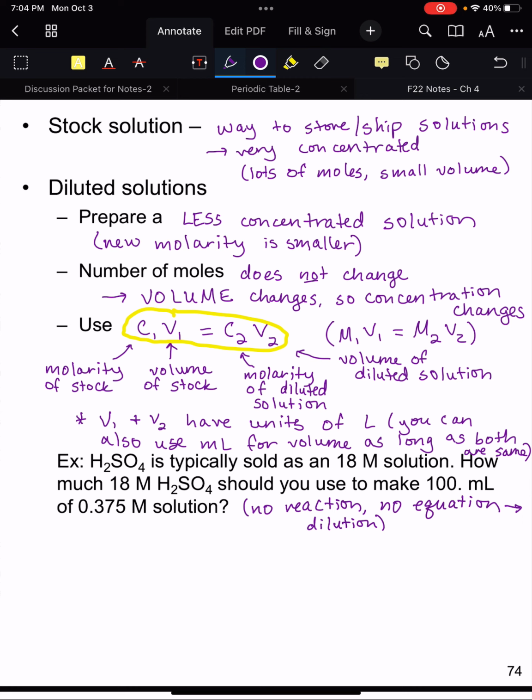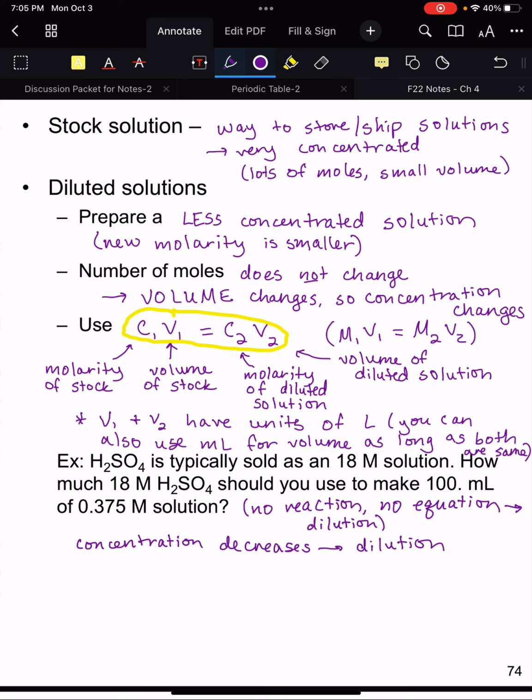But we can still see that because the concentration changes, we know that this is a dilution problem. Not changes, decreases.